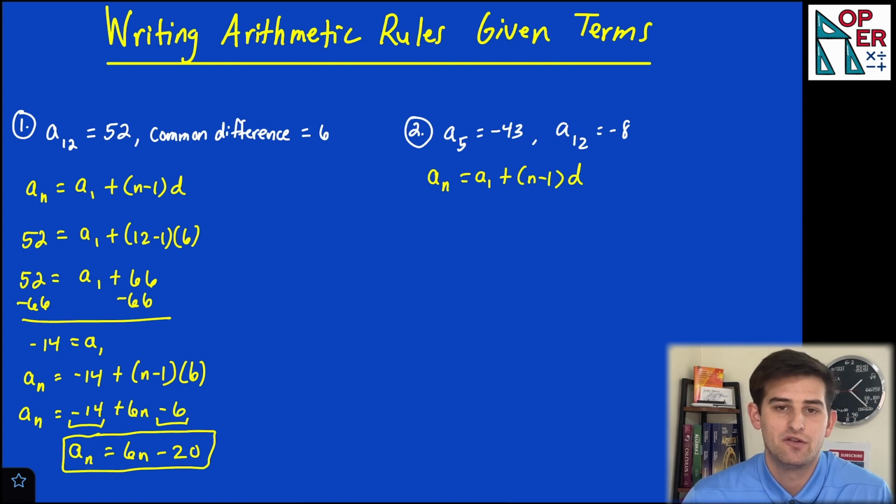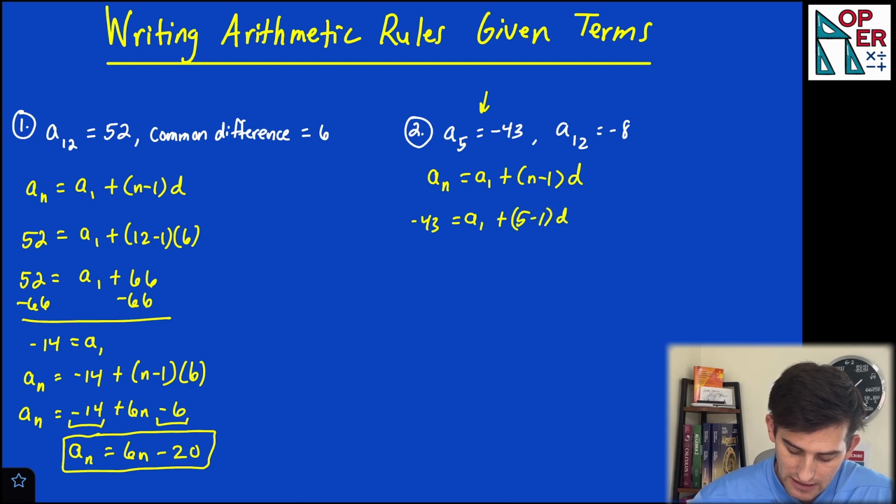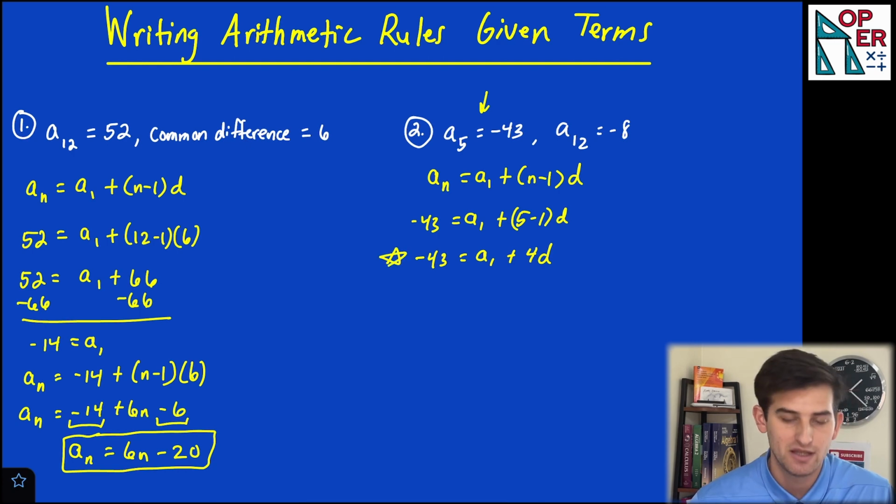Now let's use the information we have to plug in, starting with the 5th term. Negative 43 equals a sub 1 plus, and n is 5, and we don't know the common difference, so we write d. So negative 43 equals a sub 1 plus 4d. Let's put a star by this equation, and we're going to come back to it in a second.